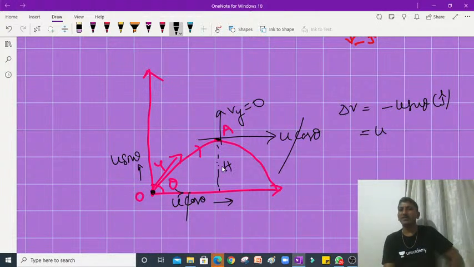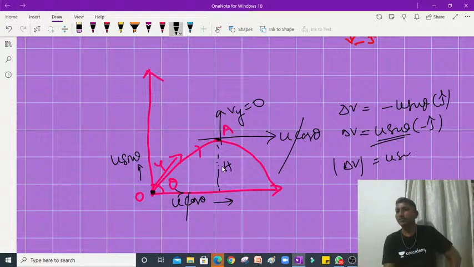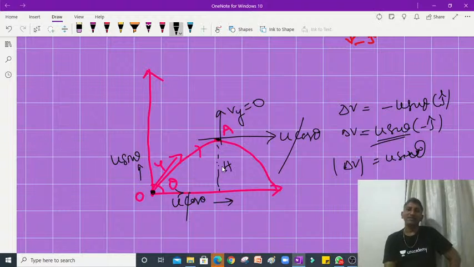So it is u sin theta times minus j cap. This means the magnitude of the change in velocity is u sin theta, and minus j cap is the unit vector in the negative y direction.